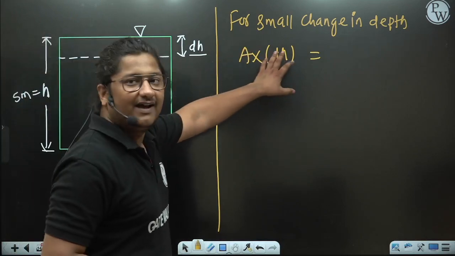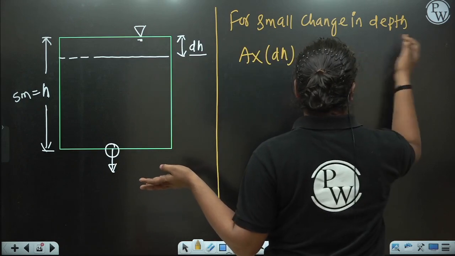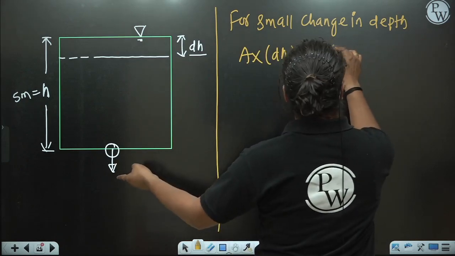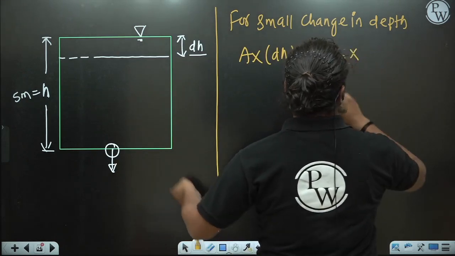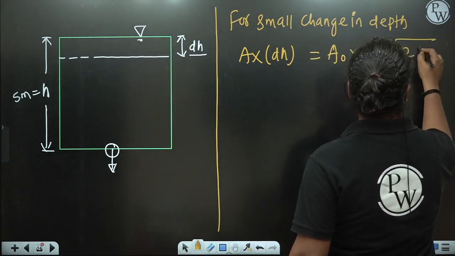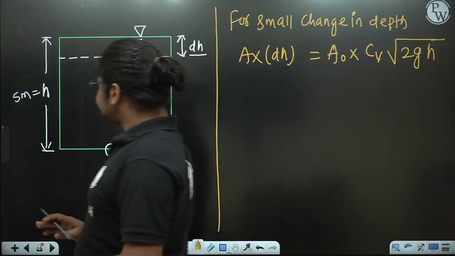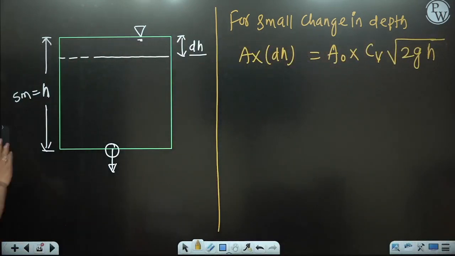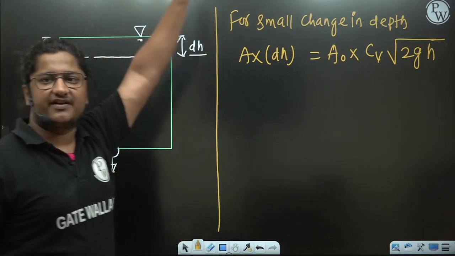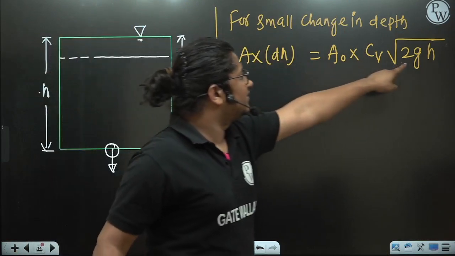Now the flow going out from the orifice is area of orifice, A naught, into velocity, which is nothing but Cv root under 2gH. Putting 5 is not required currently; everything I am taking in general, so this H is the general H.